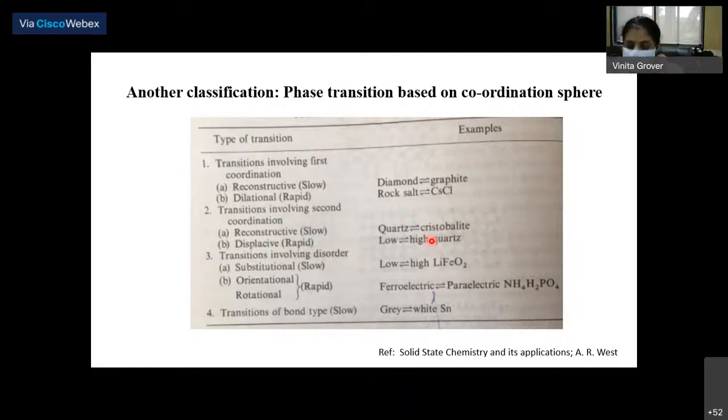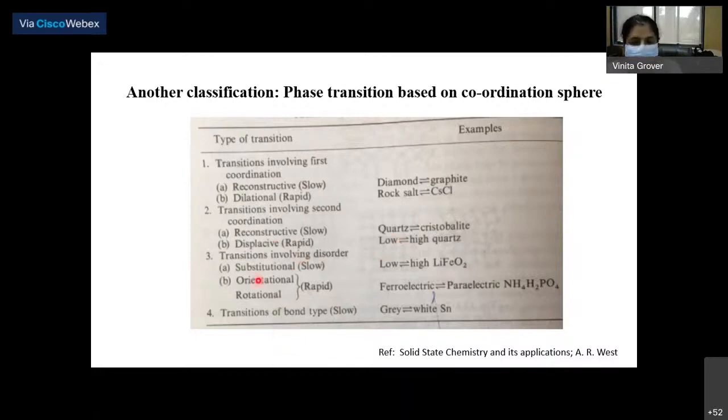Nothing happens to the silicon oxygen bond. So in all the silica related phase transitions, you're always working in the second coordination. There you can have reconstructive when quartz goes to cristobalite and then to tridymite. Displacive: quartz goes to low and high quartz, cristobalite goes to low and high cristobalite, tridymite goes to low and high tridymite. That is only tilting of SiO4 polyhedra.